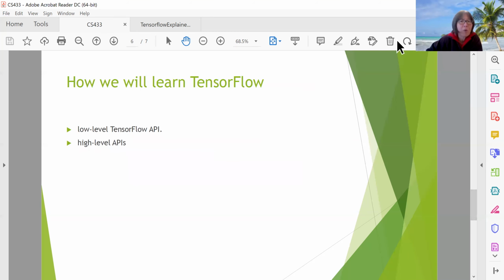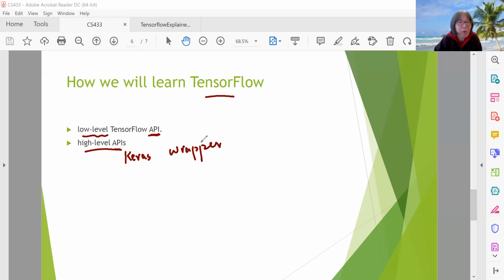Regarding TensorFlow, there is a low-level API and there is also a high-level API. The high-level one is Keras, the wrapper we mentioned. With the low-level API, you need to create a graph.